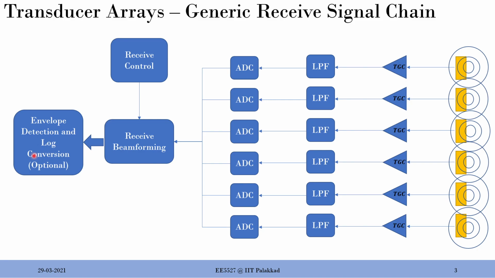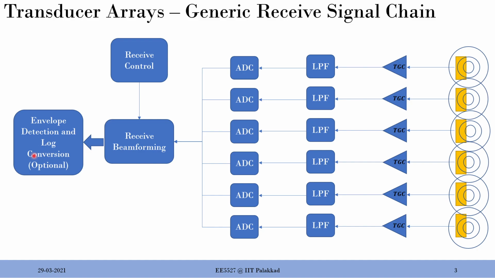I will take an example to explain this concept. Let's say you are imaging a tissue with a bone. The bone reflects the signal. The acoustic impedance mismatch created by bone is so huge that an ultrasound signal will get reflected from the bone with a very high amplitude compared to the tissue scattering, which is very low in amplitude.